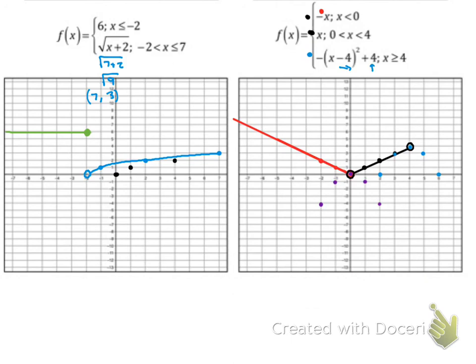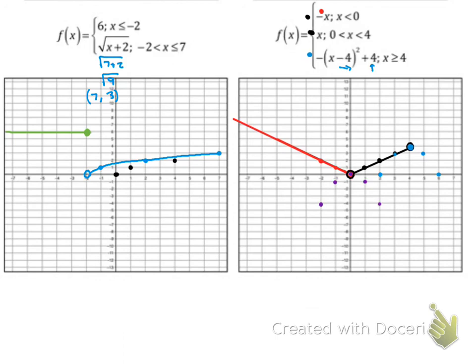Okay, so now before we draw this in, if we look at our restriction here, our restriction said that we want the values where x is greater than or equal to 4. So where x is greater than or equal to 4, we are going to need to put a closed circle. So at 4, our graph was right here.